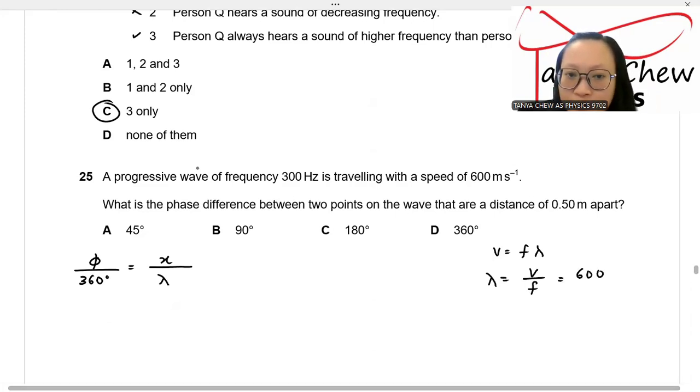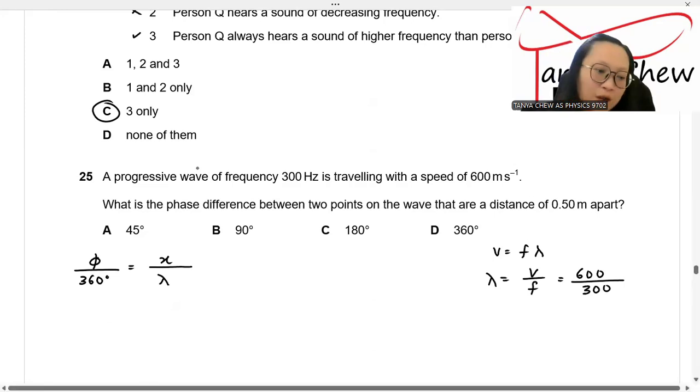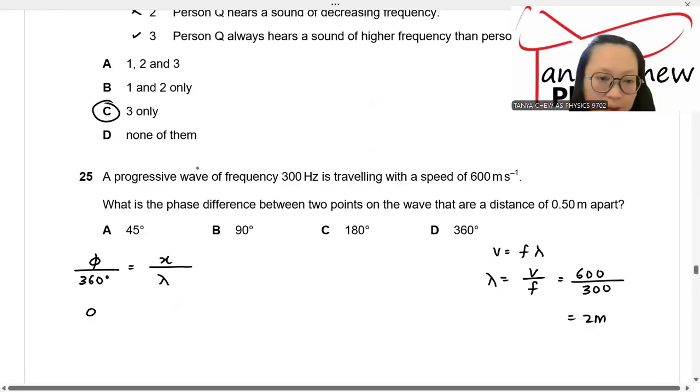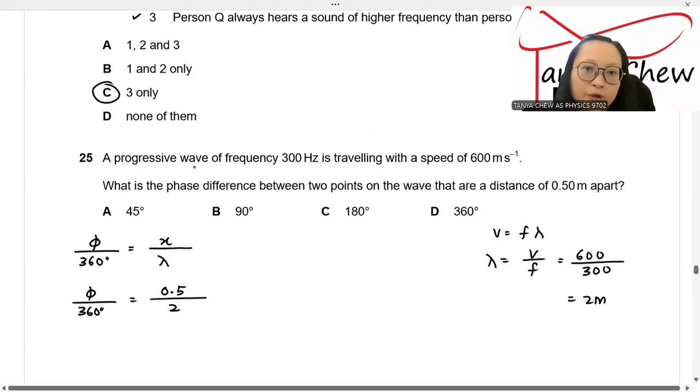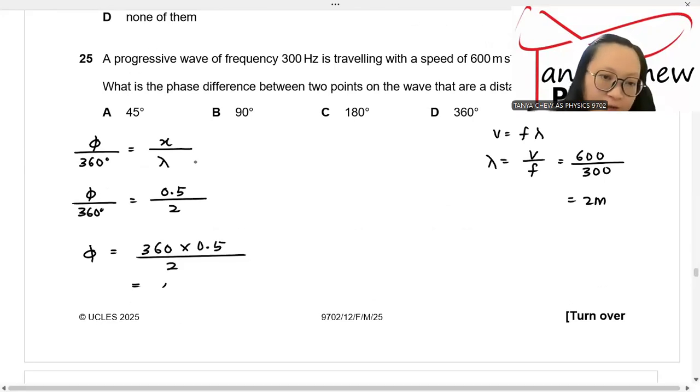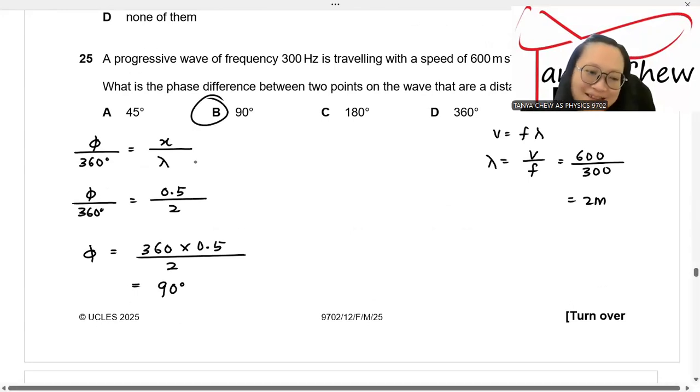Speed is 600, frequency is 300, so lambda is equal to 2 meter. Sub in 360 degrees, x is 0.5 meter, and lambda is 2 meter. Very easy, cross multiplication. 360 times 0.5 divided by 2 is your phase difference, which is 90 degrees. B is the answer.